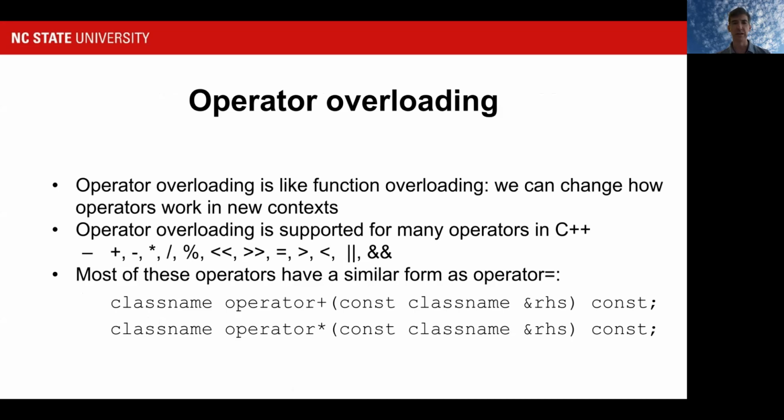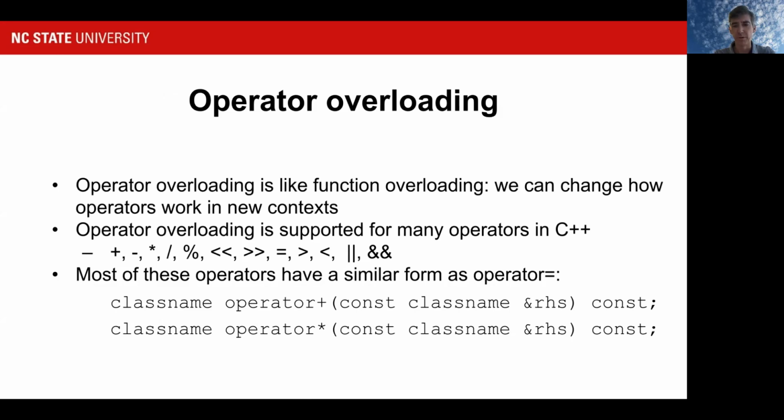It lets us change how operators work when they're used in new contexts, specifically when they're used for objects that we create ourselves. Operator overloading is supported for many operators in C++, like addition, subtraction, multiplication, division, shift, assignment, less than, greater than, and so on.